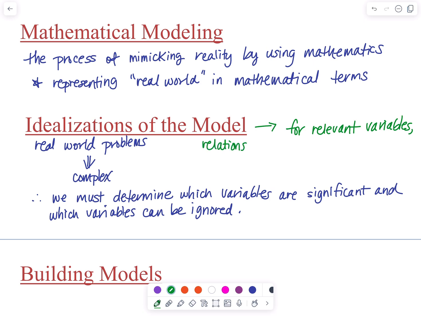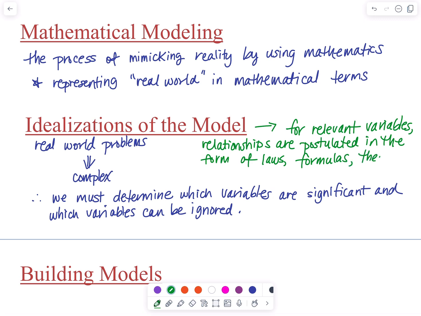Relationships are postulated in the form of laws, formulas, theories, etc. And those assumptions constitute the idealizations of the model. So we could put assumptions for those variables.